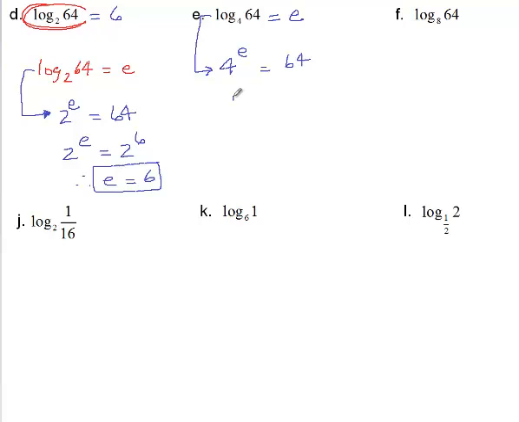So you would write 4 to the e equals 4 to the power of 3, therefore the exponent must be 3. And so your final answer for this particular one is log of 64 base 4 is 3.